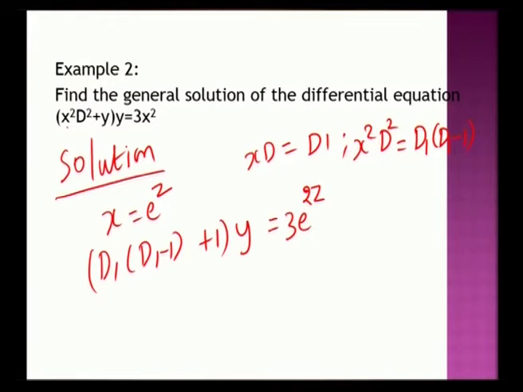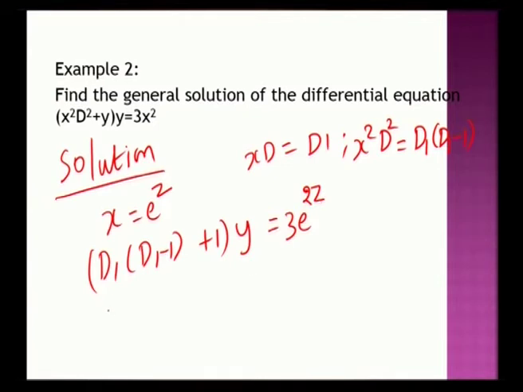Here in the given equation is x square D square. x square D square is D1 into D1 minus 1. So, D1 into D1 minus 1 plus y is equal to 3 x square. Instead of that x, e power z is substituted, so we get e power 2z.